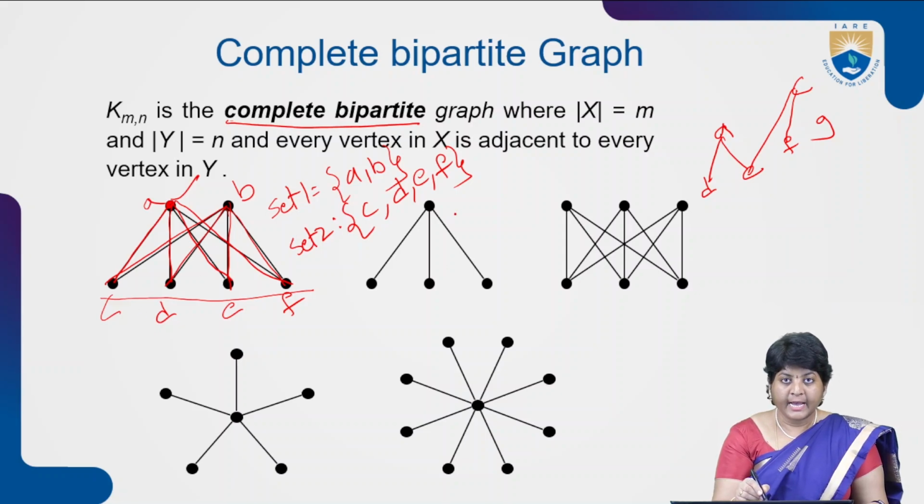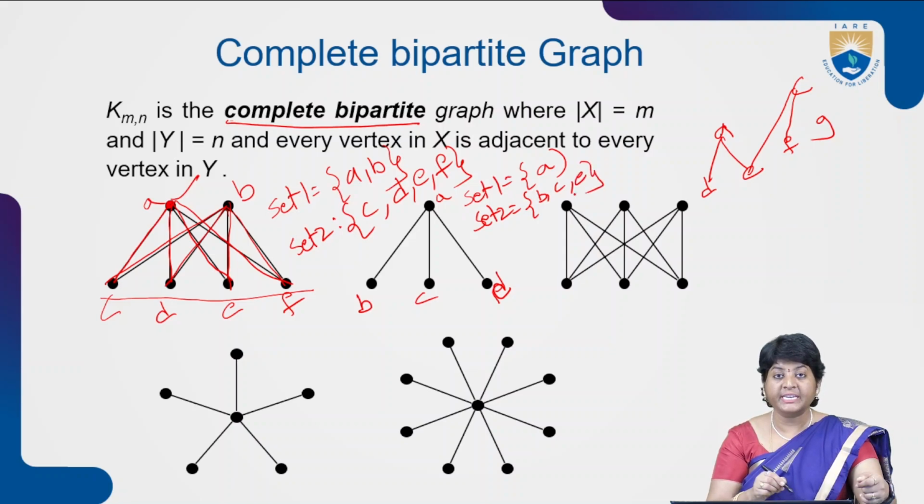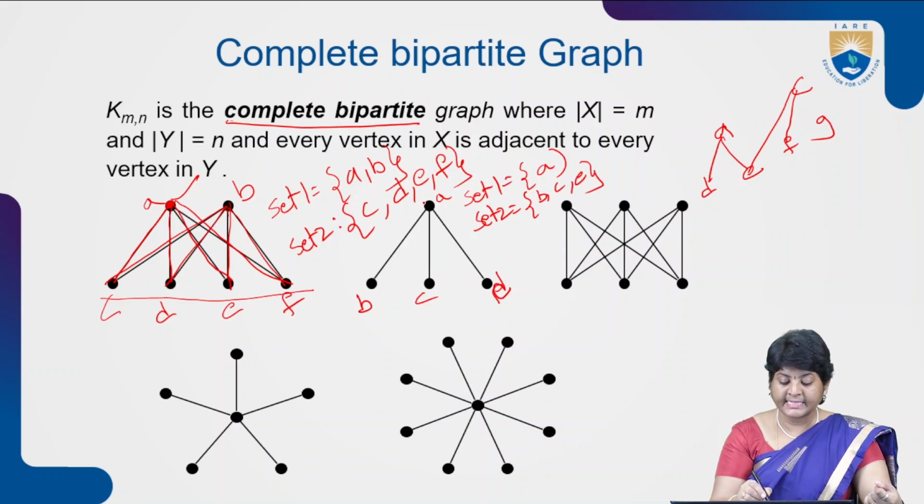Now, example 2: here set 1 consists of only one vertex A, but set 2 consists of 3 vertices. How are we telling? Based on the connections established, or the relationship established. A is connected to B, C, D. So this is complete bipartite.